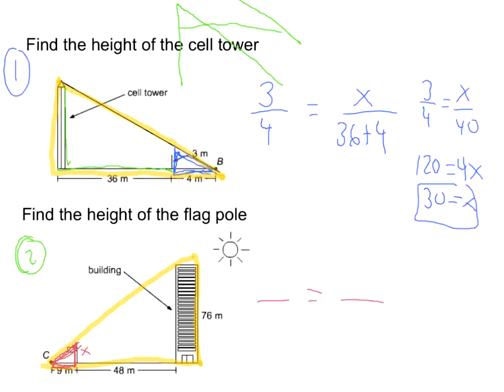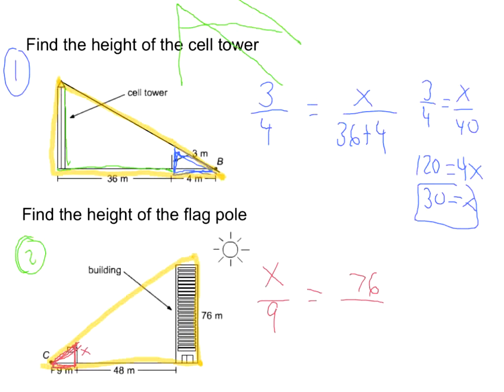There's more than one way to do it, but I'm going to do little triangle first. So I'm going to say X is to 9. Look how I set mine up so far. Height is to the bottom, which is just what I did before. Height is to the bottom, as height, so the 76, is to the bottom. But the question becomes again, what's the bottom? I'm talking my yellow.